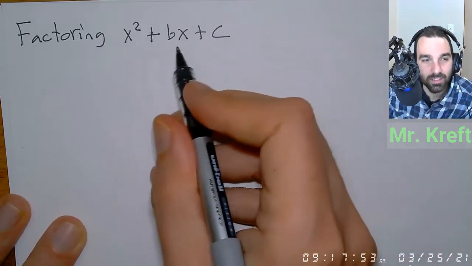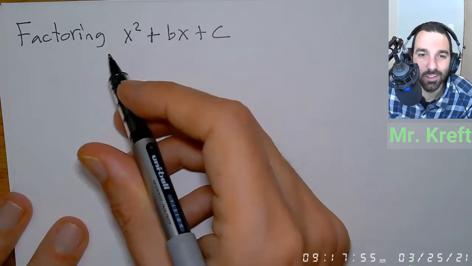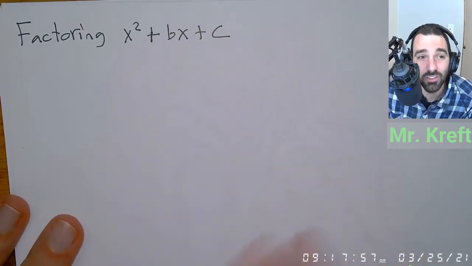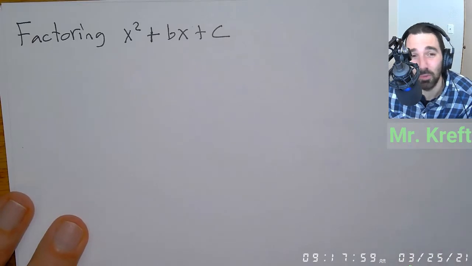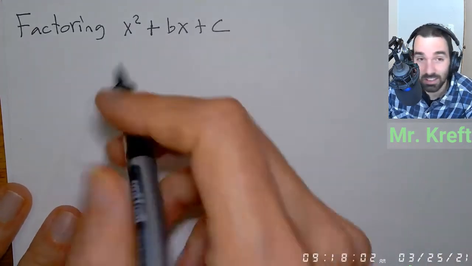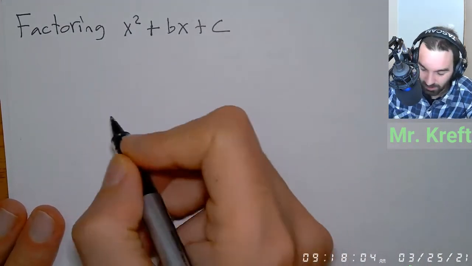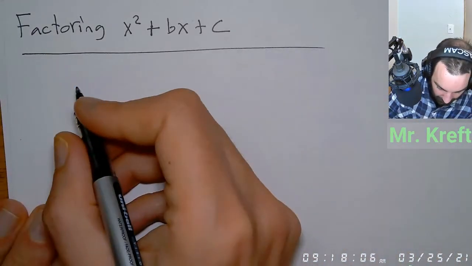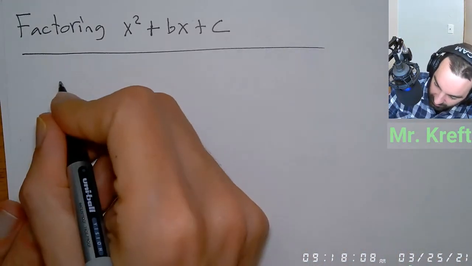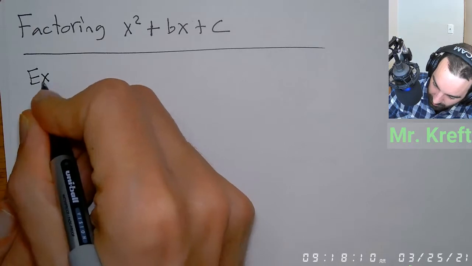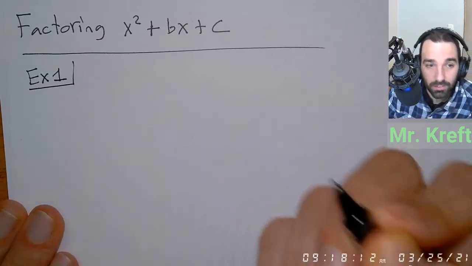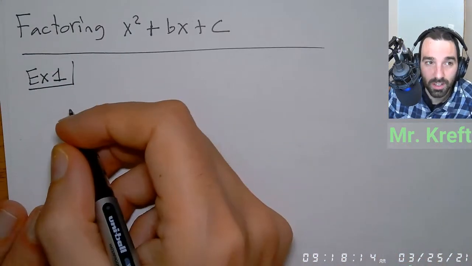Don't worry about the a, b, and c, but the a is going to be 1. And you don't need to worry about why the a is 1. It just turns out when a is 1, it's really easy. So we're going to start out easy, and then we're going to go from there. Okay? So to do this, the first one we're going to look at is this. So here's our example 1. And we're going to do this together. And if you guys have questions, just please let me know.